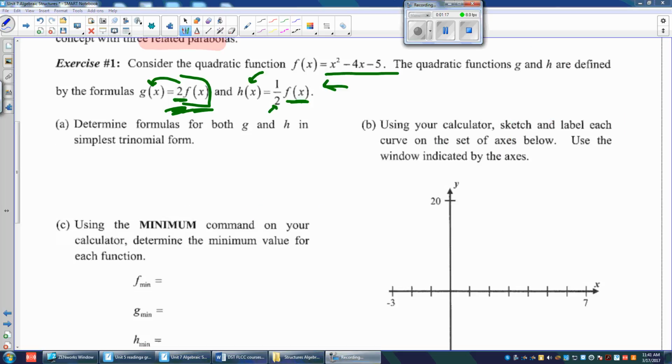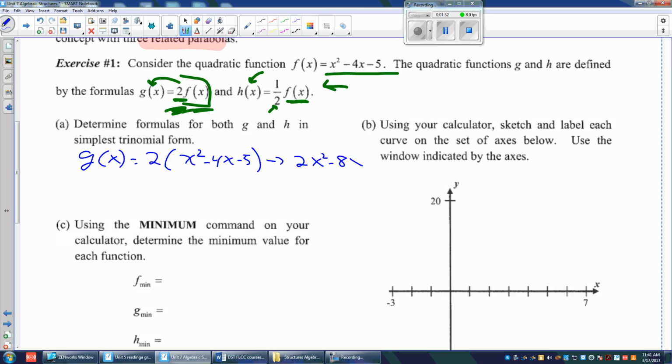So just like in yesterday's exercise, g of x equals 2 times x squared minus 4x minus 5. And let's try to do this one correctly this time. So it's 2x squared minus 8x minus 10.